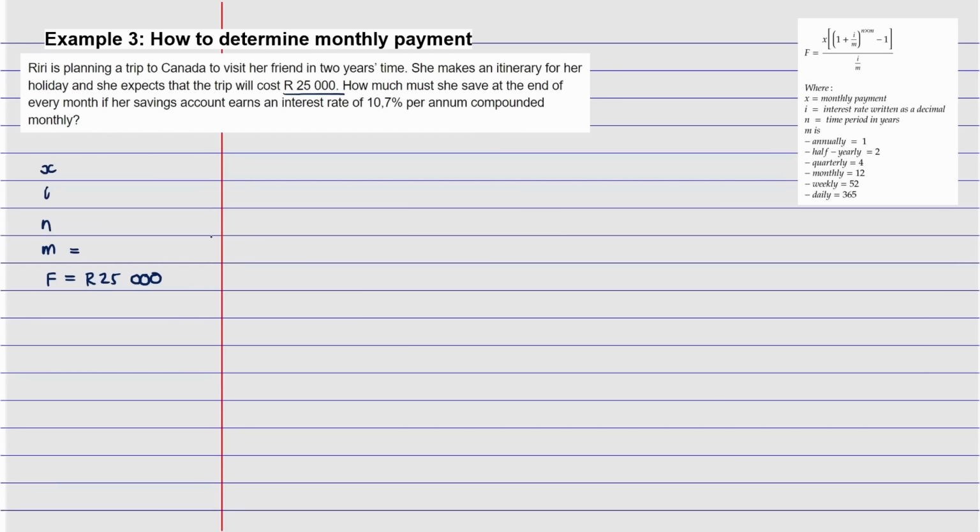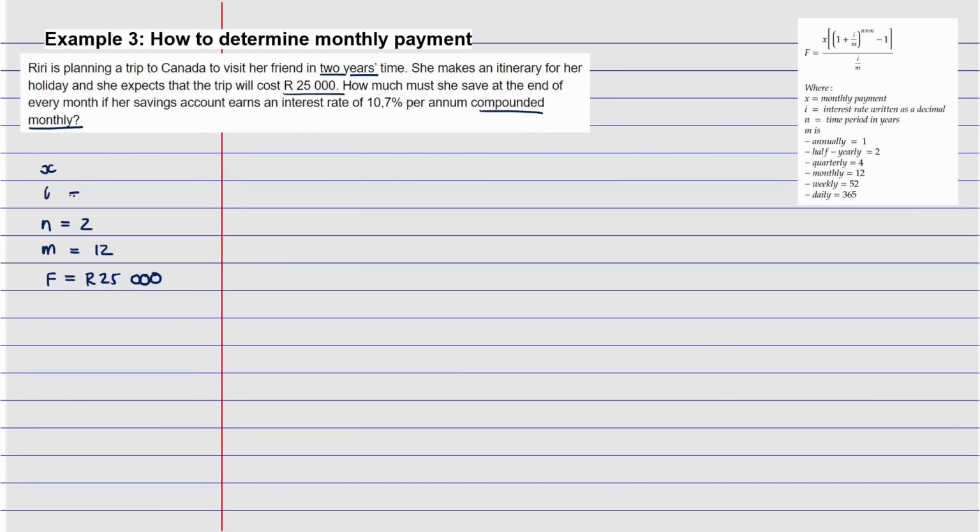Then M here, it's compounded what? We know that this is compounded monthly. So we know that M is going to be equal to 12. Then N is that she's saving for the next 2 years. Do you see that she is planning to take a trip in 2 years' time? So the time period to save is going to be 2 years.